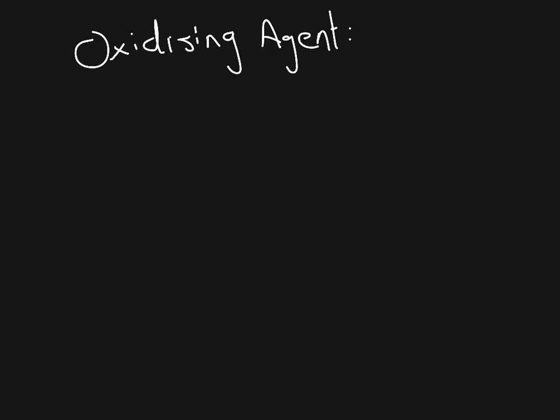Now, another piece of terminology is agents. So here I'm going to write down an oxidizing reagent, an oxidizing agent. This is going to confuse a lot of you when you do your questions on this topic.